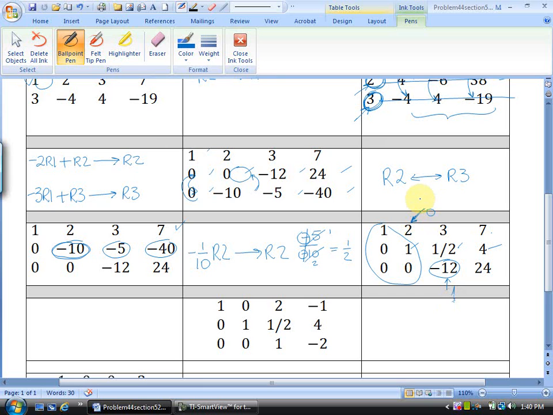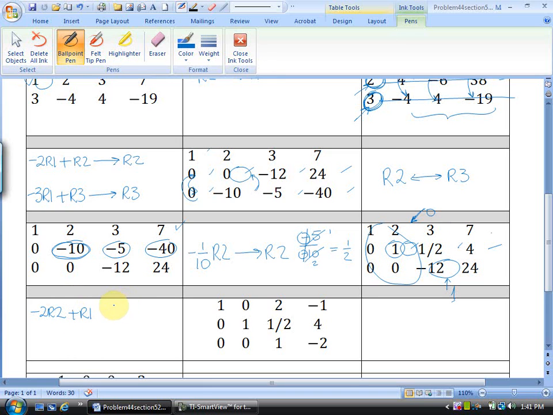So let me think of the 2 first. How can 2 become a 0? Well, I add minus 2 to it. So if I have a positive 1, how do I get a minus 2 out of it? Well, I multiply by minus 2. So here's what we're going to do. The rule then is going to be minus 2, row 2. Row 2 is where my 1 is. And once I do that, I add it to row 1 and I put the result into row 1.